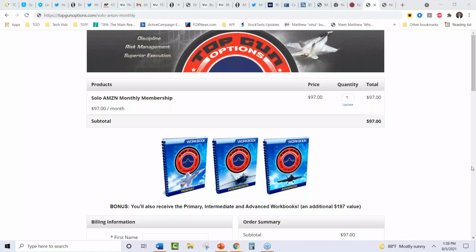Most brokers, you can open a brokerage account with $1,000. I think $2,000 for margin. We strongly recommend here at Top Gun Options that you open an account with a broker that's got a paper trading account. You should always, always, always paper trade. I never went out to the F-18 and jumped in the cockpit after reading a book, right? We had to go to the simulator building. You got to go put in your time in the simulator building.